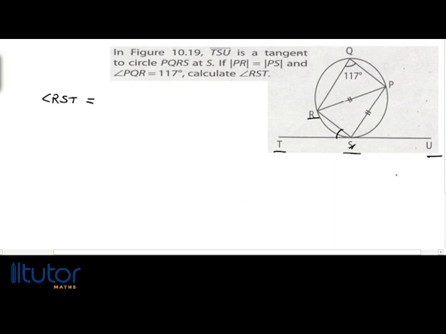Now, the alternate segment: this chord RS divides this circle into two segments. This area here, just below the chord, and the whole of this area. So the angle formed in this area by this same chord RS is angle RPS.